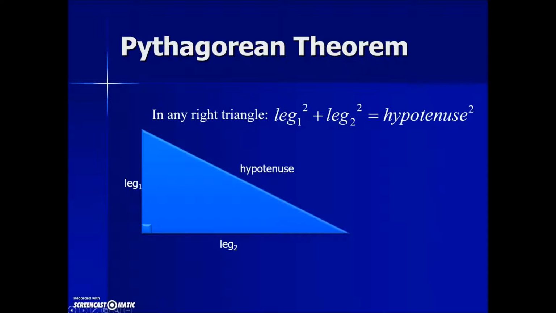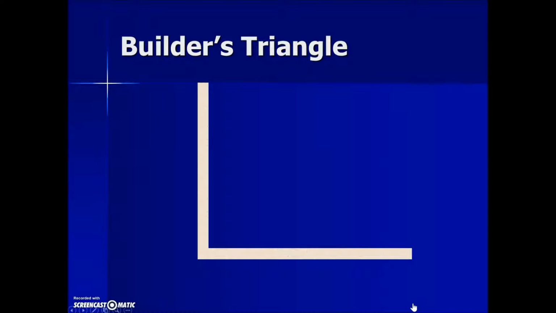Taking away those specific measurements, in general terms, sometimes the Pythagorean Theorem will be stated as the sum of the legs squared, sum being the result of an addition, is equal to the hypotenuse squared. Builders use this to determine whether a wall is plumb or perpendicular or not.